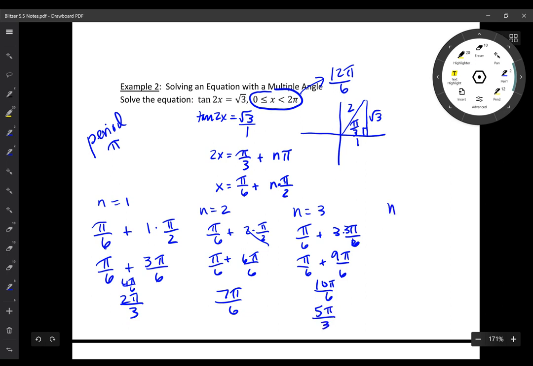Okay, and now what about if n equals 4? N equals 4 means I'm going to have pi over 6 plus 4 times pi over 2, which is pi over 6 plus 2 pi. Well, if I'm adding 2 pi, I'm going to be out of that range already. So that is not going to be a solution.